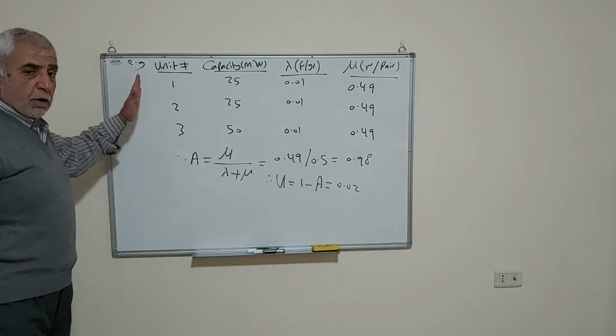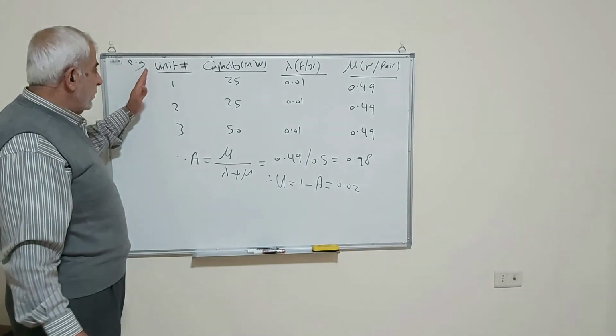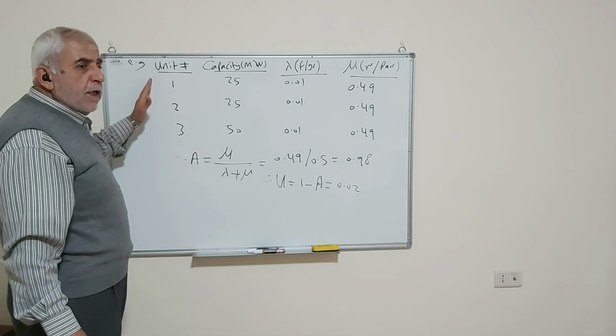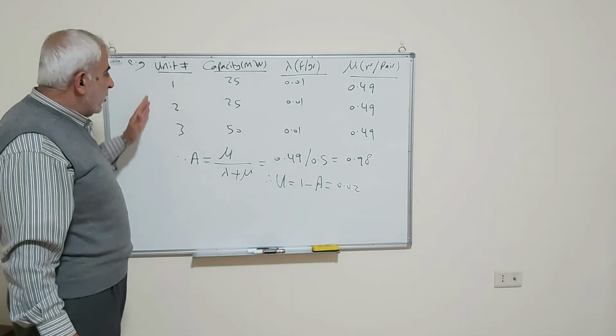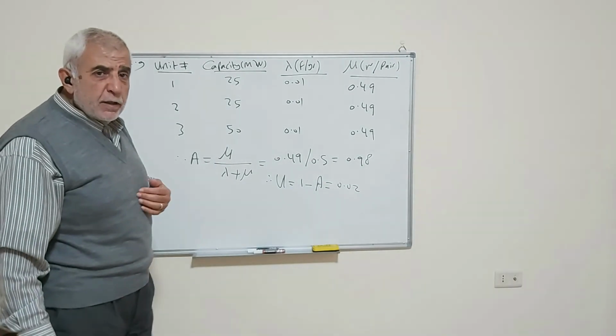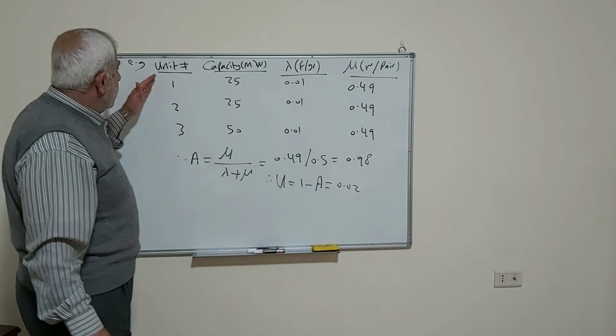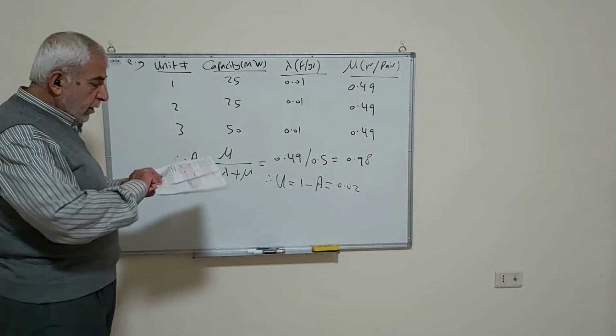So therefore, the generating system will be represented by two approaches. The first one, a table which illustrates all possible states, and the second one, the so-called state transition diagram. We'll start with the possible states of all these units.